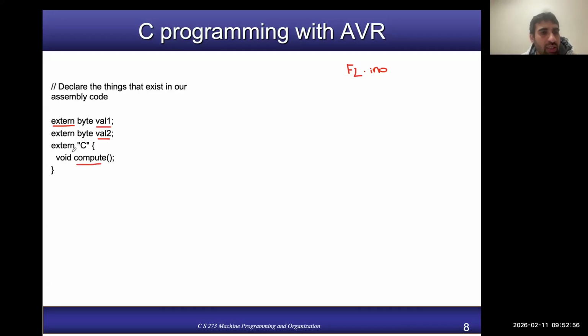Here I'm saying extern "C" void compute, so I'm using the C language, and I want to give that information. I'm also saying that compute, val1, and val2 are defined in the other file, so go and check the other files. So extern gives the following information to your compiler: the symbols val1, val2, and compute exist somewhere else. Don't allocate new storage for them here, just reference them.